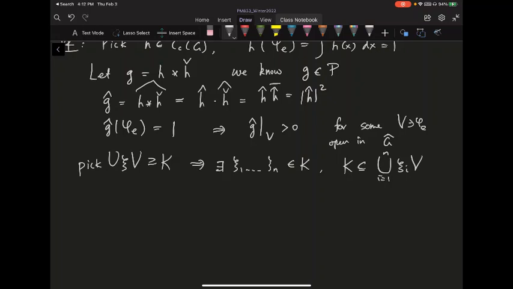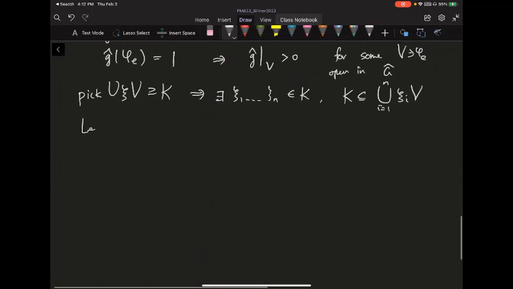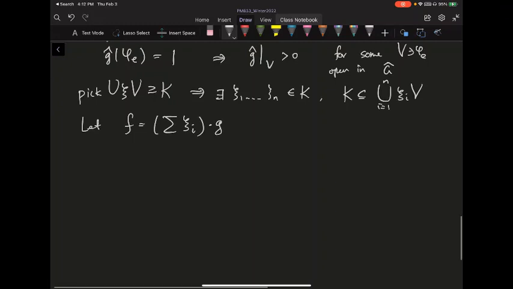Well, on each of these, you now try to translate your G hat to each of these translations of V, and in this way you build something that's also positive. So you let your function f be the following. You do the summation of these psi i, and then you multiply by G. So this one is also inside P and is also compactly supported, so this is in C_c of G. The reason it's inside P is because your G is inside P, and each of these psi i is a character, remember K is a subset of G hat.